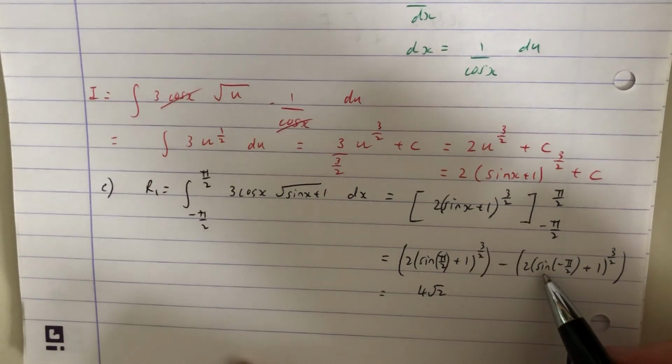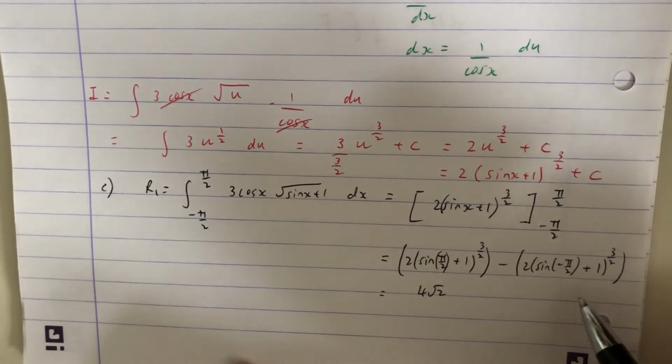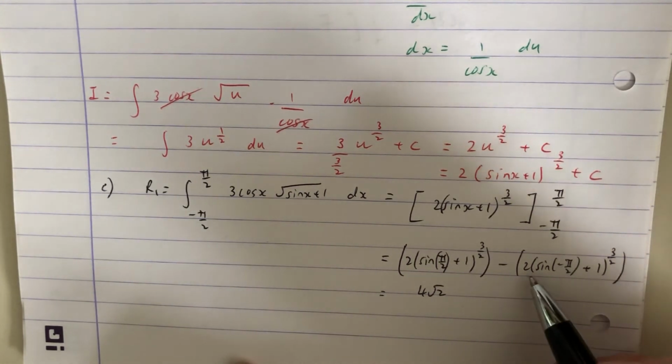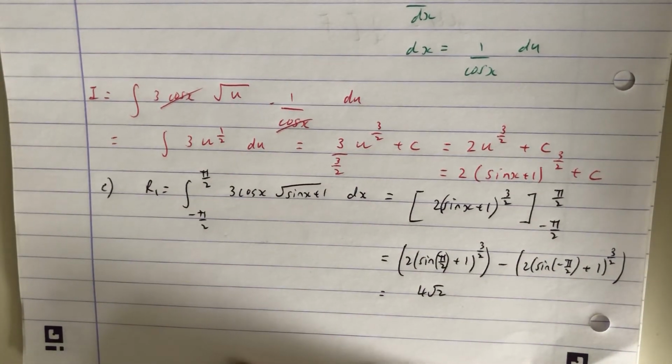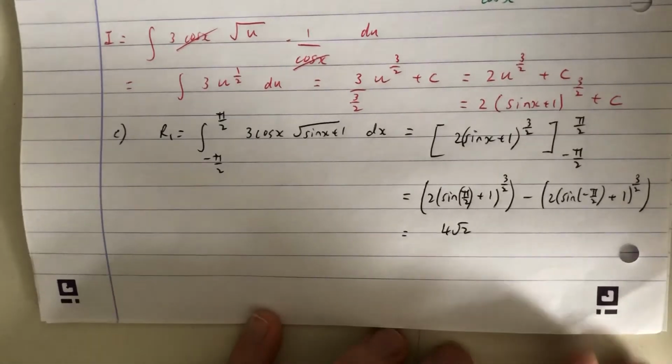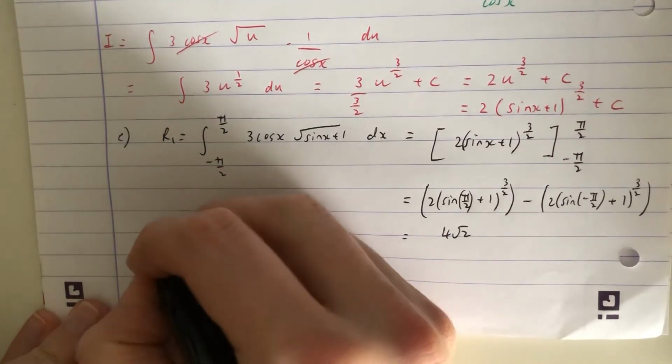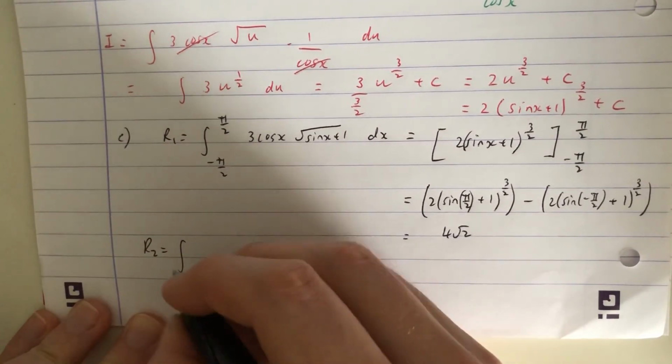Subtract sine minus pi by 2 is minus 1, plus 1 is 0. 0 to the power of anything is 0, and then 2 times 0 is 0, so subtracting 0. So that would be the area of R1.